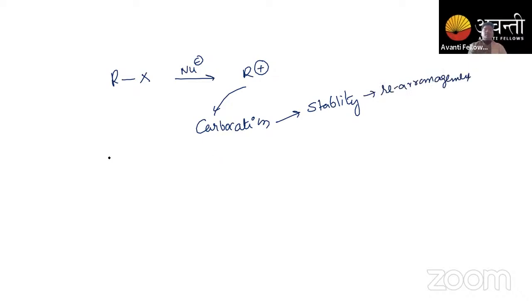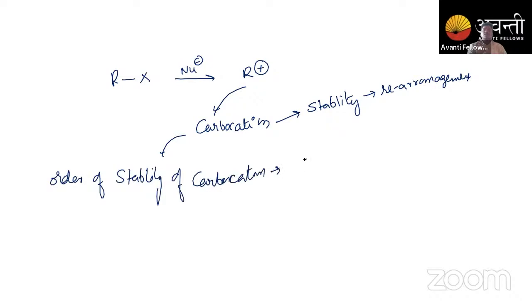I am going to write the order of stability of carbocation. First is the benzylic cation. How do you write the benzylic cation? You take the benzene and attach one CH2 plus.